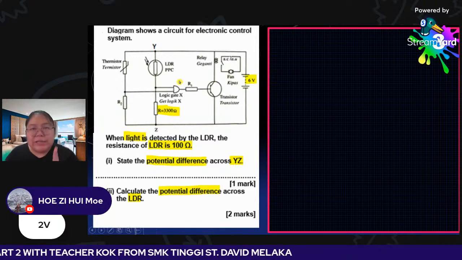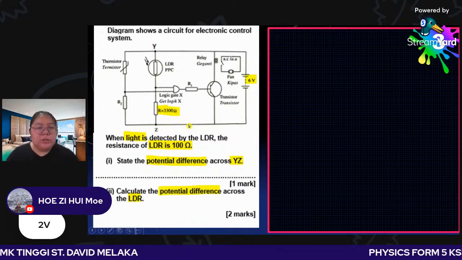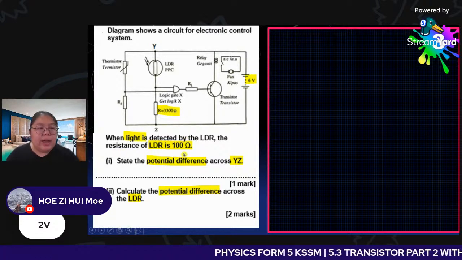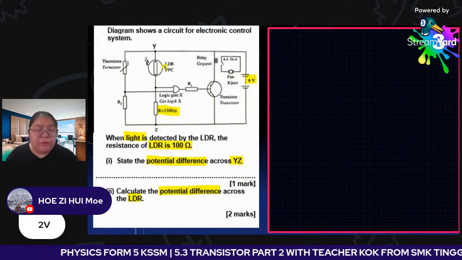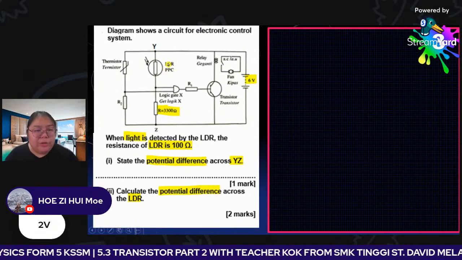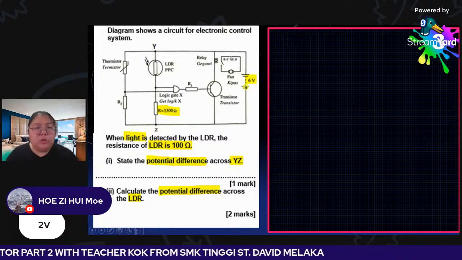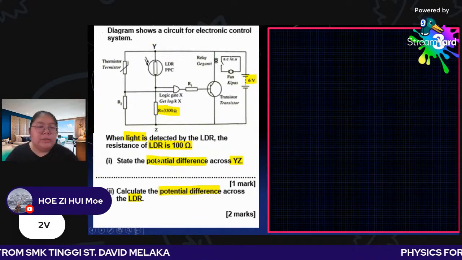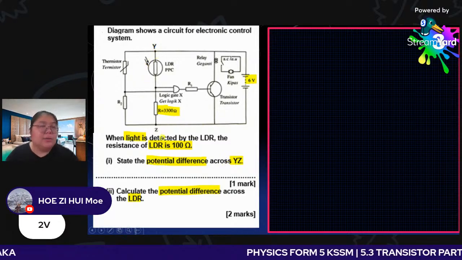So from here we got the info: the LDR resistance is 100, so R1 is 100, R2 is 3300, and the total voltage is 6. Then no more, finish.